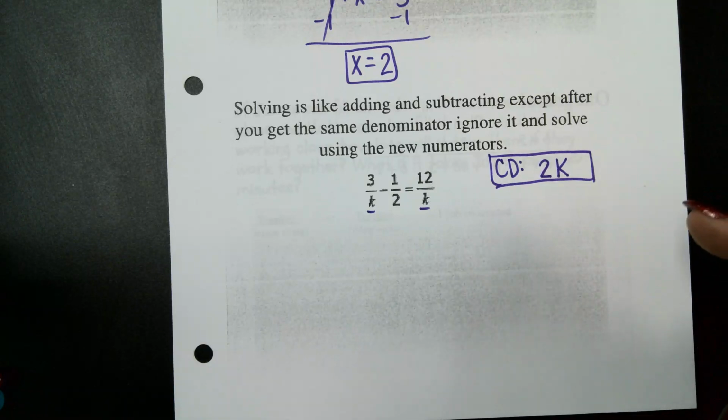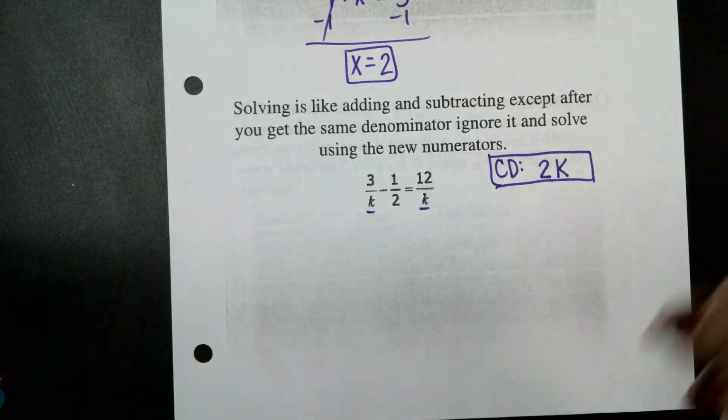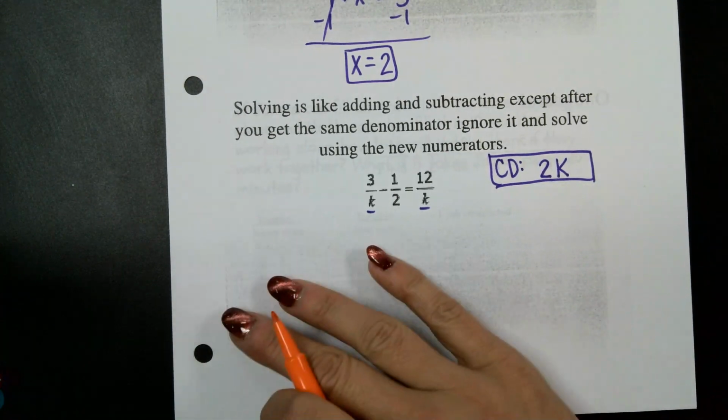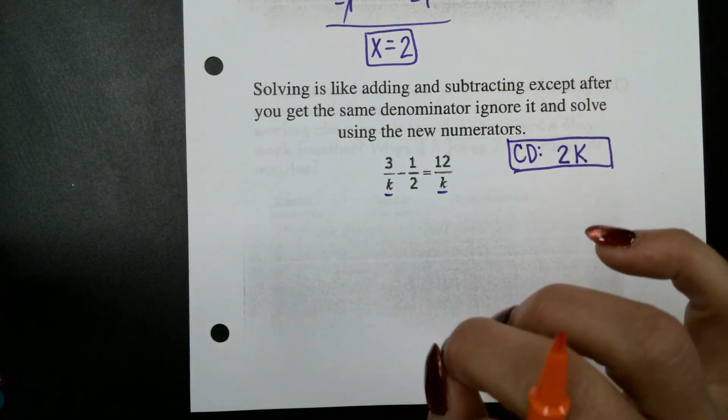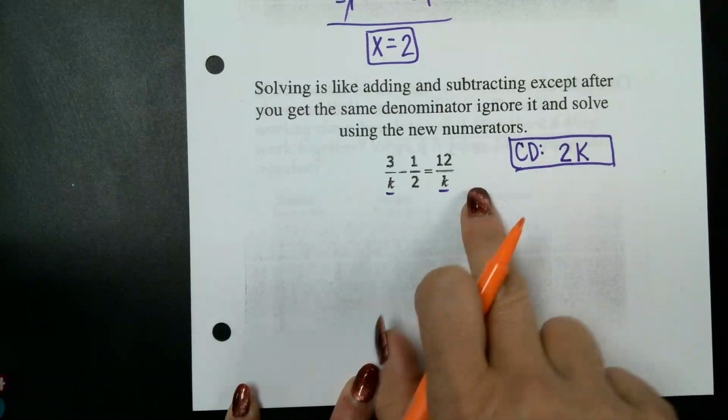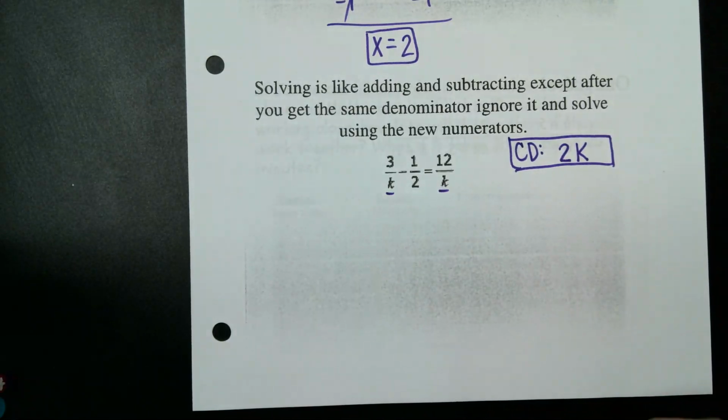Are you with me so far? I'm with you. All right. So now, if this is our common denominator, I do a process called clearing the denominators because I want all this stuff on the bottom to disappear. It'll make our lives a lot easier if we can just ignore them.